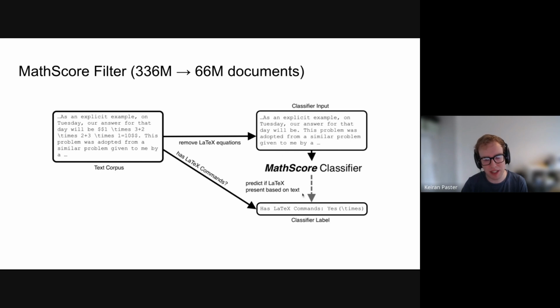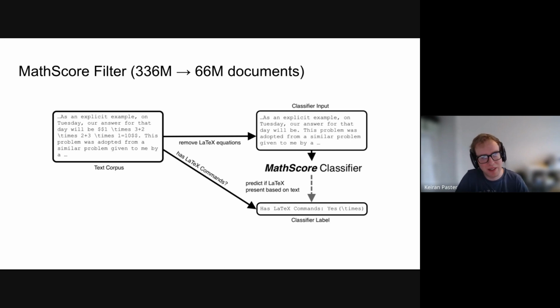What this trains the classifier to do is, based on the surrounding words, not based on any equations, does this document seem like a document that would have LaTeX in it? This learns to find words that correlate very strongly with the presence of these LaTeX commands.